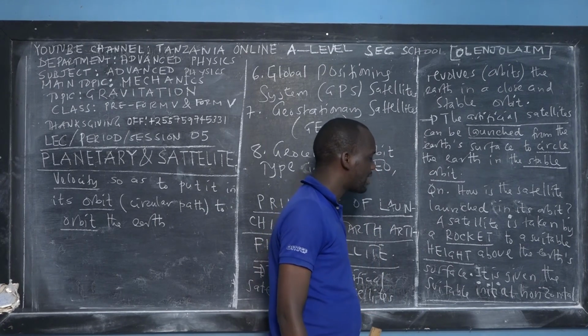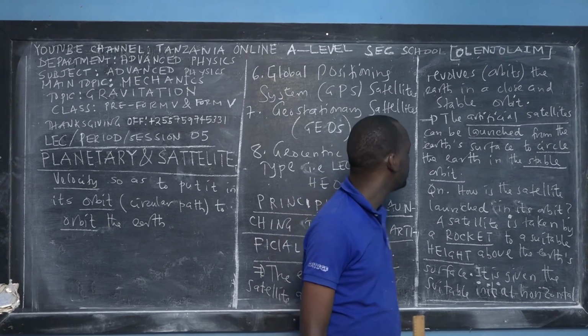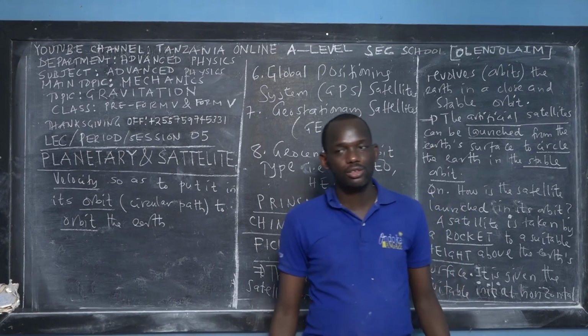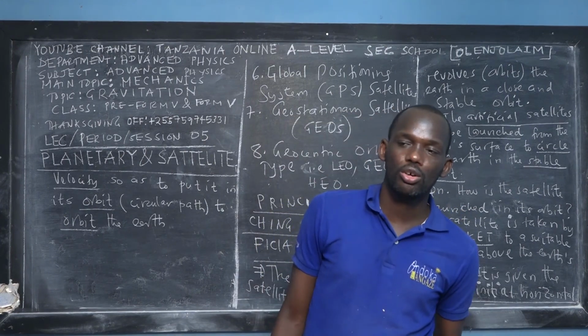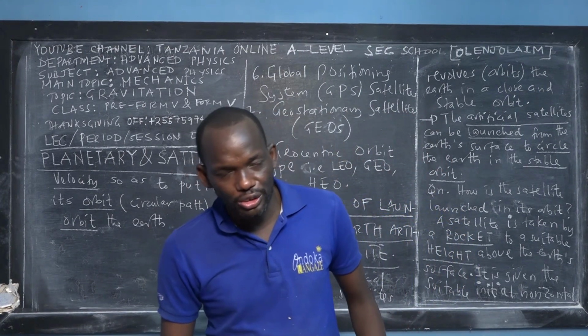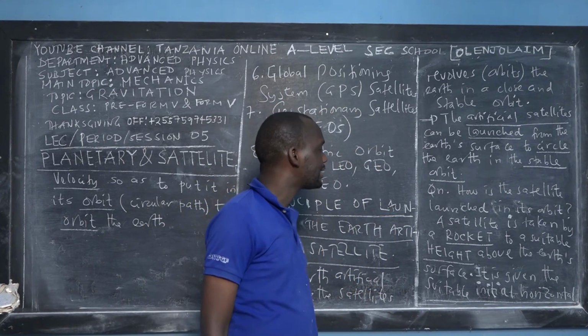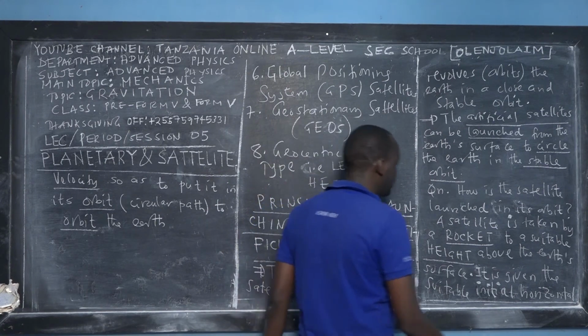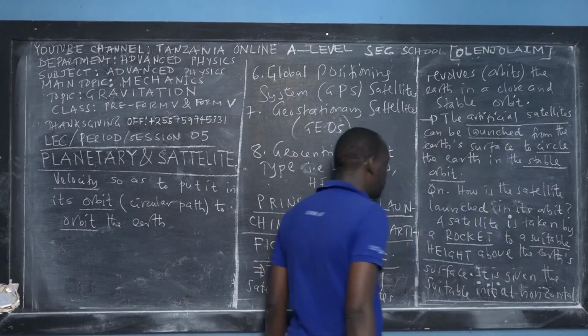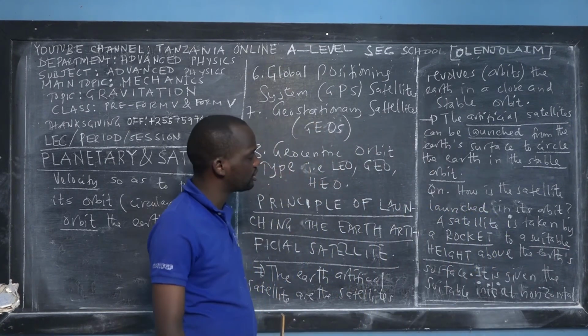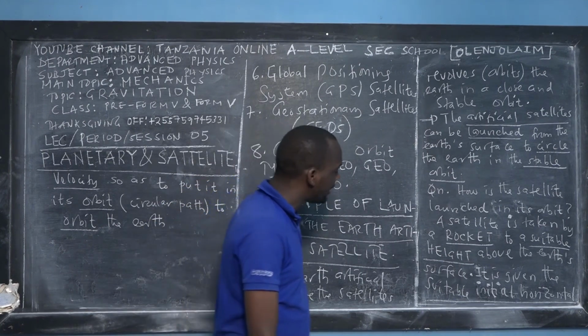One of the functions of the rocket that I told you about in rocket propulsion, which is part of Newton's laws, Newtonian classical mechanics, is to take the satellite to a suitable height, not just any height, but a suitable, desired, measured height above the Earth's surface.